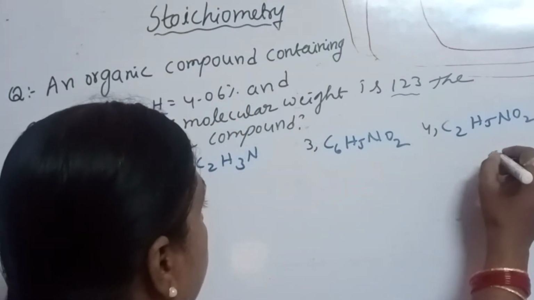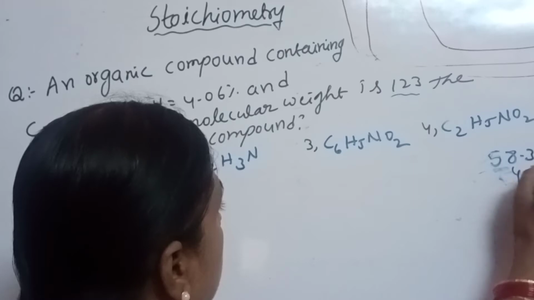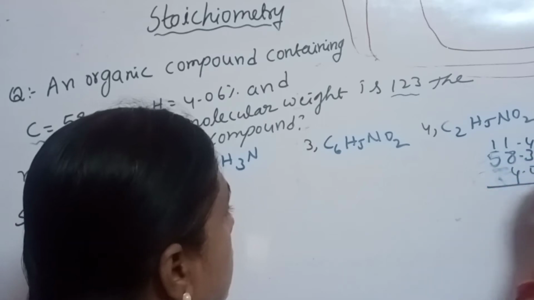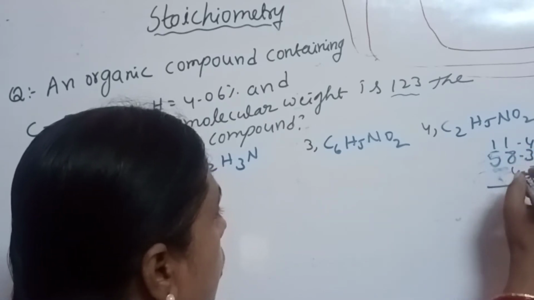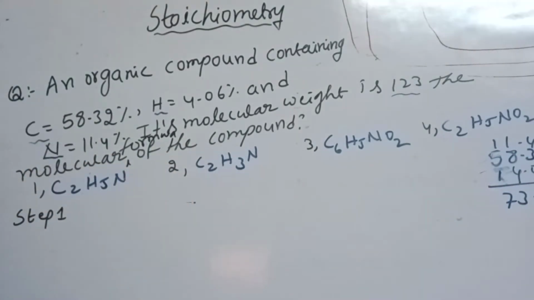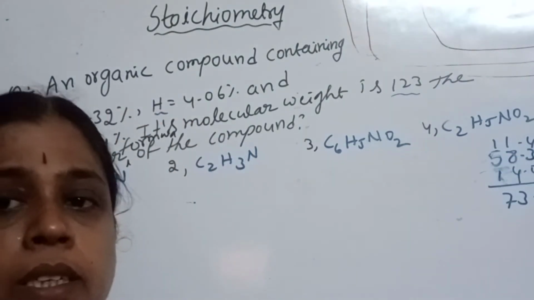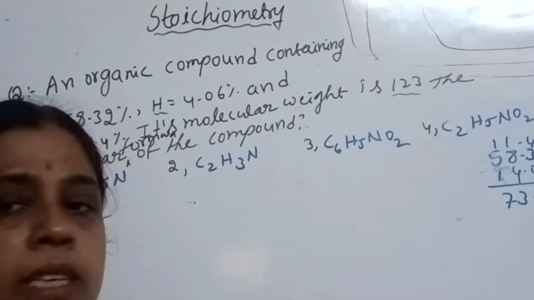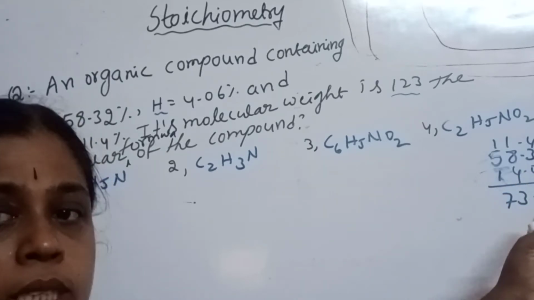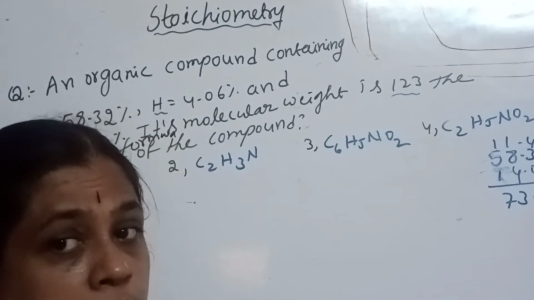See here, how much is given: 58.32, 4.06, then 11.4. Adding them gives 73.78 percent. So the sum of all the mass percentages is not equal to 100, only 73.78 percent. This means one more element is there in the given organic compound.